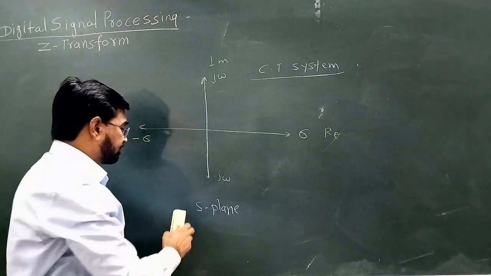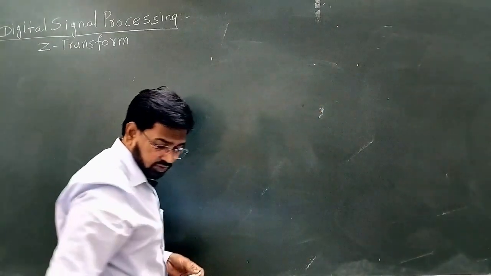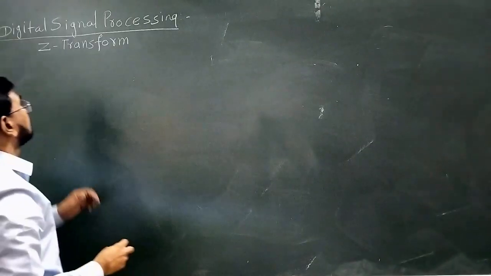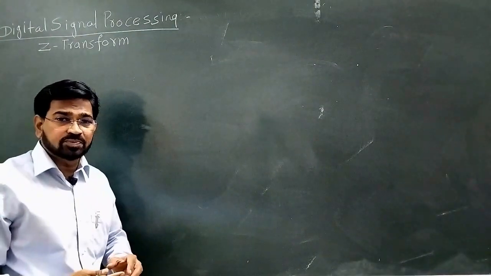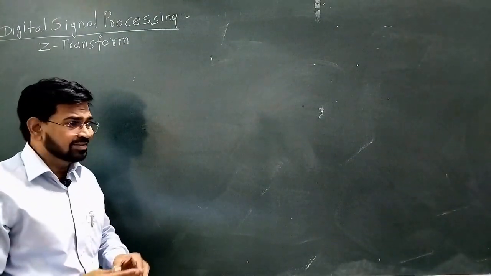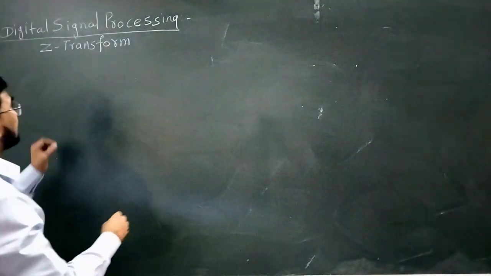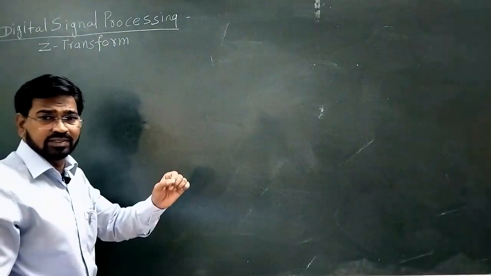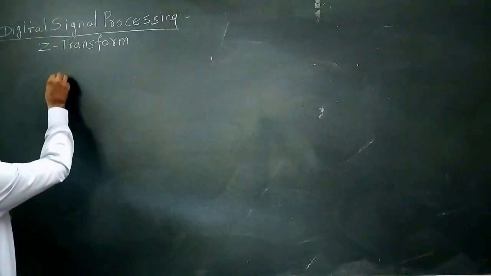Similarly, for discrete time signals and systems, we have Z transform. What is the use of Z transform? Why should we study it? Z transform is a very useful mathematical tool for understanding discrete time sequences and systems. In what way is it useful?